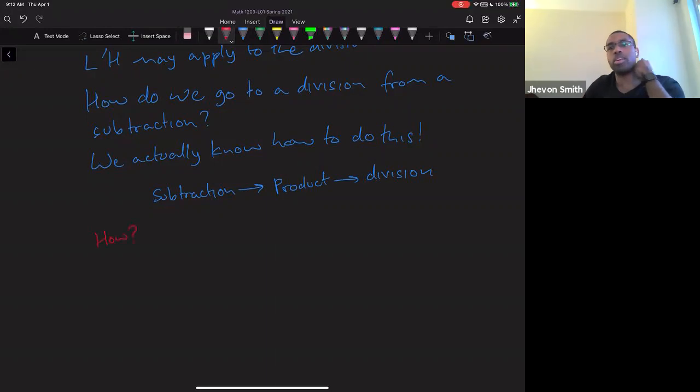How do you go from a subtraction to a product? Or more generally, how do I have a sum of things and write it as a product of things? What is that called? What am I doing? Any ideas what that is?